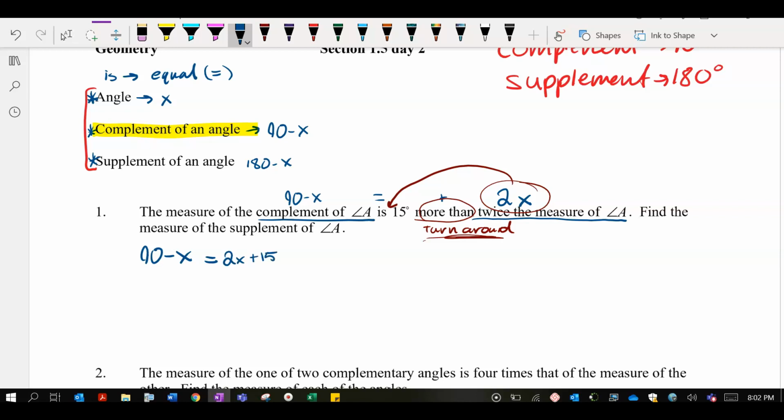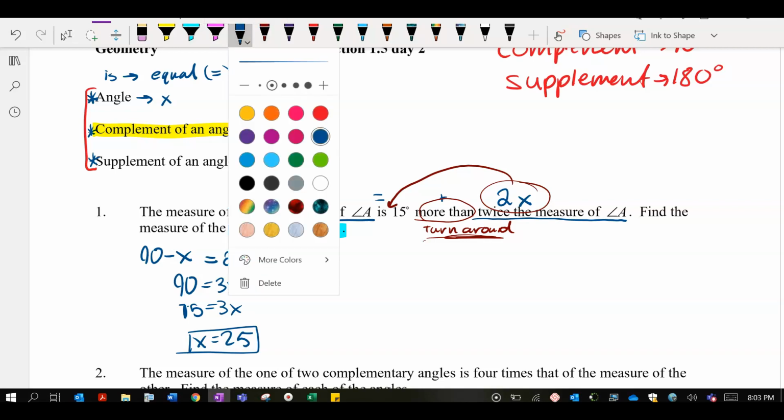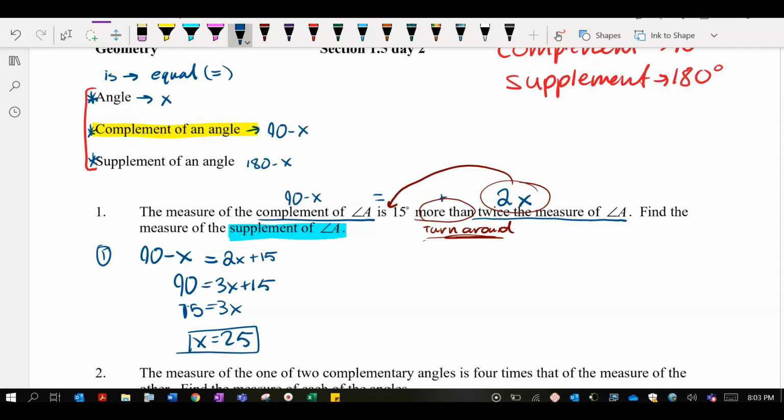Now we can solve. When we go ahead and solve, we're going to get 90 equals 3x plus 15, and then when we subtract, we will get 75 equals 3x, and x equals 25. Now the question was asking us to find the measure of the supplement of angle A. So this was our first step, our second step.